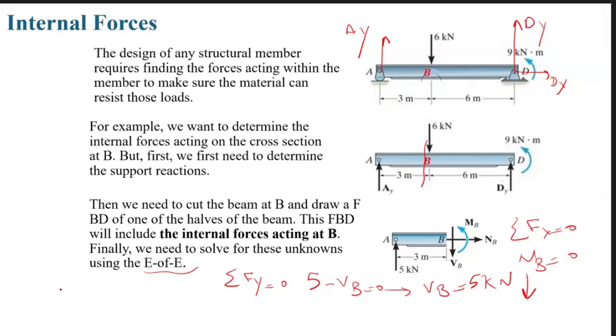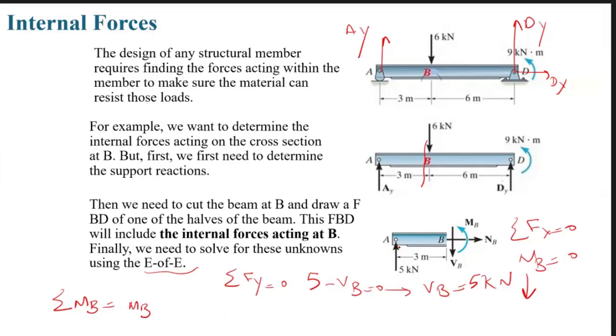And what about MB? We write the summation of moments around the imaginary cut, the point at which we are looking to find the moment. Here the point is B. VB doesn't have any distance from B, so it doesn't make any moment around this point. For MB, considering the direction of my thumb, counterclockwise, outside of the screen, is positive.